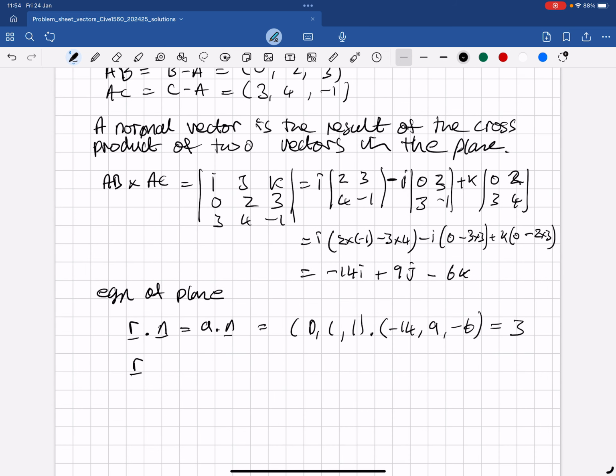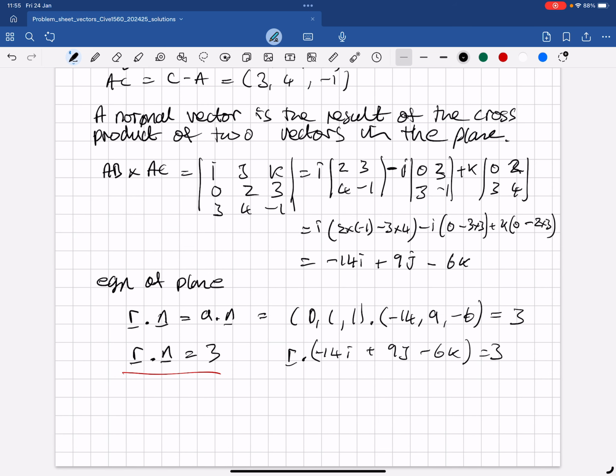So the vector equation of the plane is simply r dot n equals 3. We could write in place of n that actual normal vector, so r dot minus 14i plus 9j minus 6k equals 3. We could expand it, but I'll leave it at that for now.